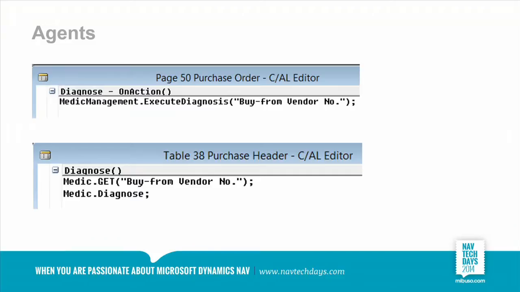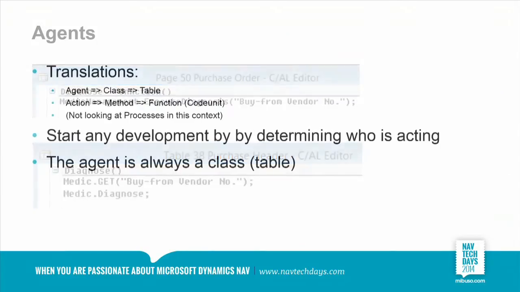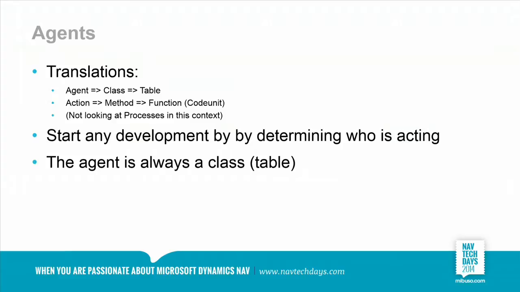I get him, and I will find every action that this guy is able to do on the agent. Translating that, an agent is a class, like in an object-oriented language. In NAV, that will be like a table. An action is a method in an object-oriented environment, or a function in a code unit.